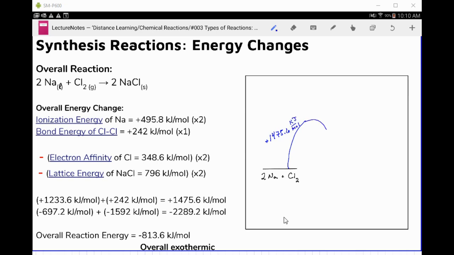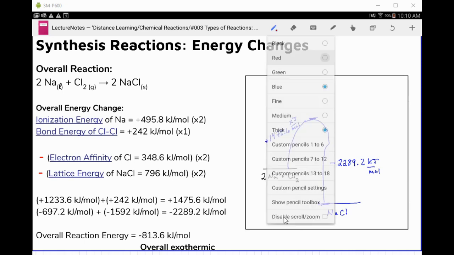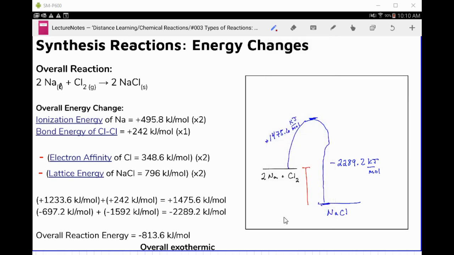And at that point, we went down until we got to sodium chloride, because from the peak to the base, we lost 2289.2 kilojoules per mole for an overall decrease, an overall energy of the reaction of negative 813.6 kilojoules per mole.